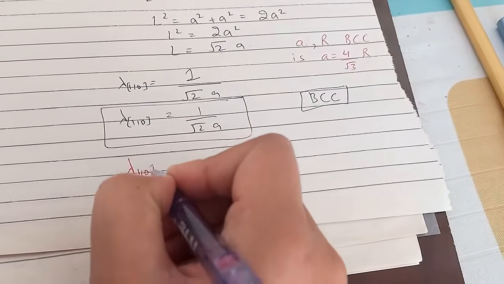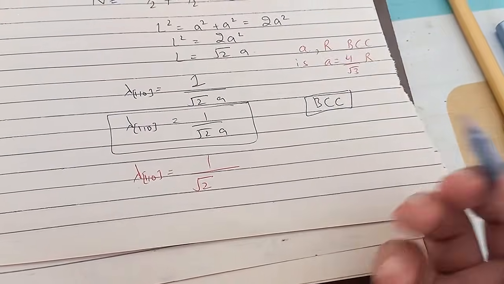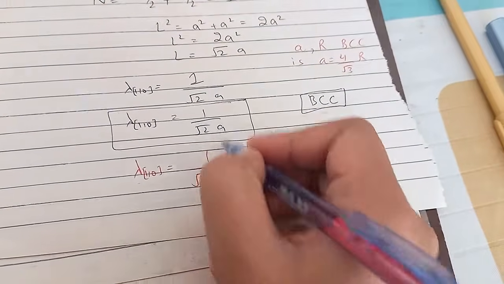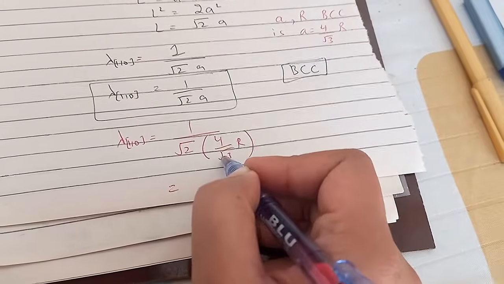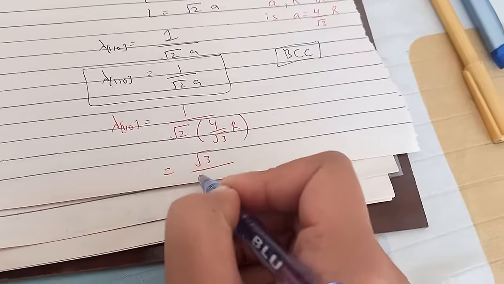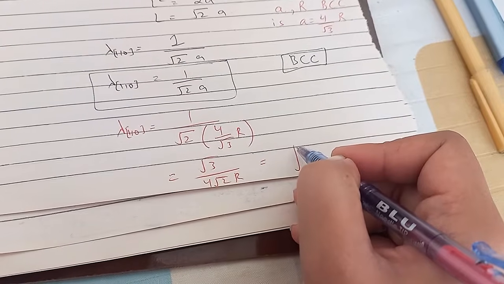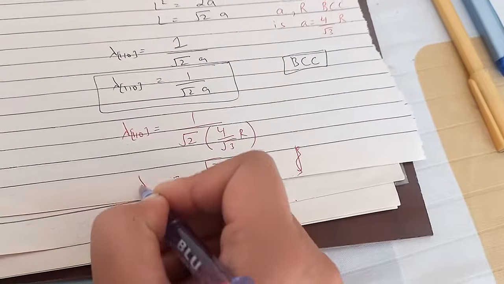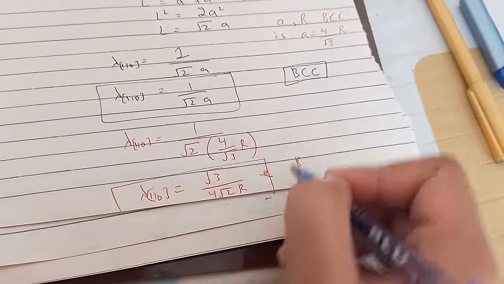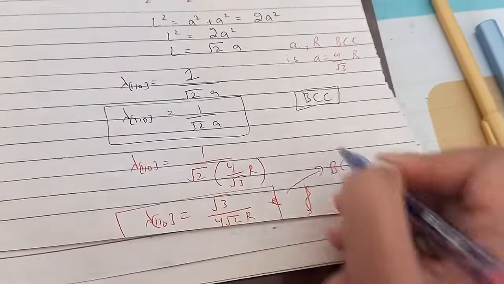So we can also express the linear density in terms of the atomic radius of the atom making up the unit cell. Putting the value of A in the denominator and solving, we get 1 over 4 root 2 capital R. So this is the final result for linear density for the BCC crystal system in the 110 direction.